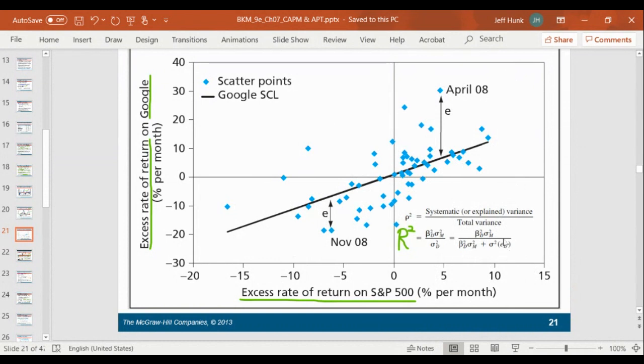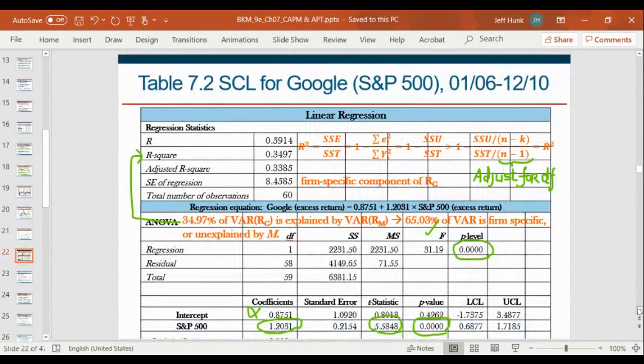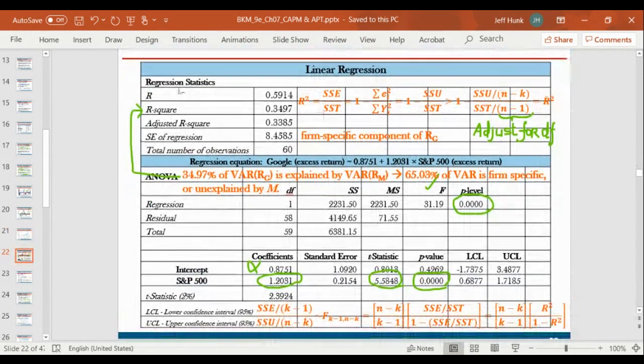That's why it is called unexplained variance, and that's due to firm-specific factors, truly the firm-specific factors that are not explained by the market. So this is called summary statistics. Usually, when you run regression in Excel, you will get this summary statistics.